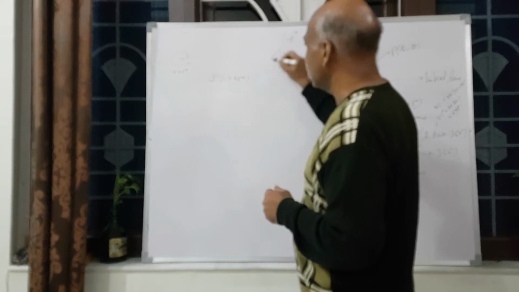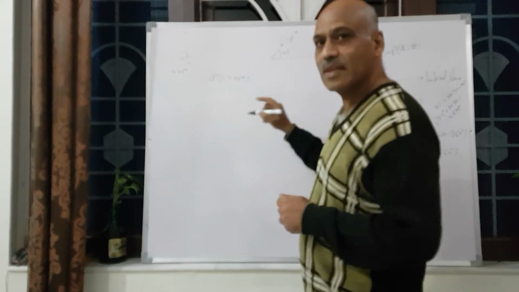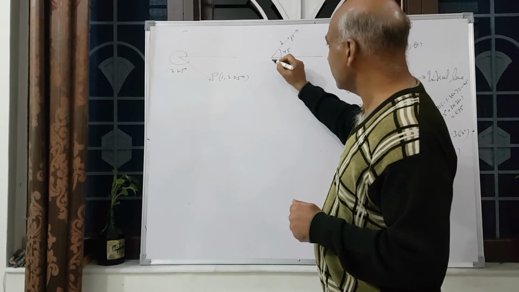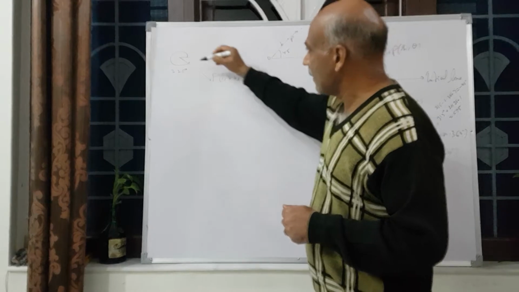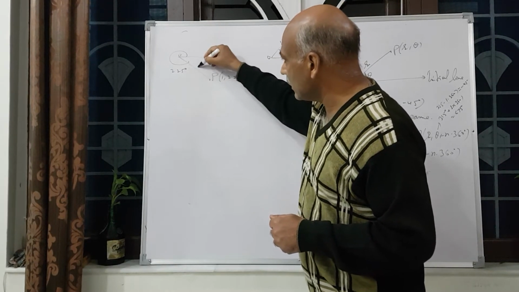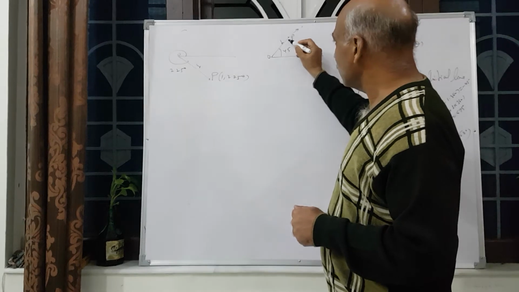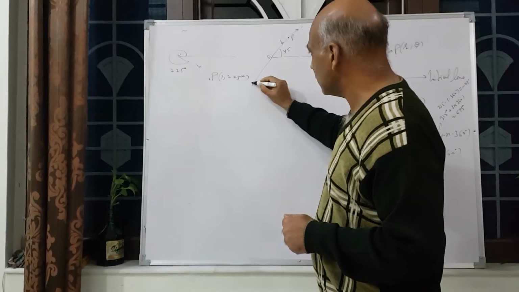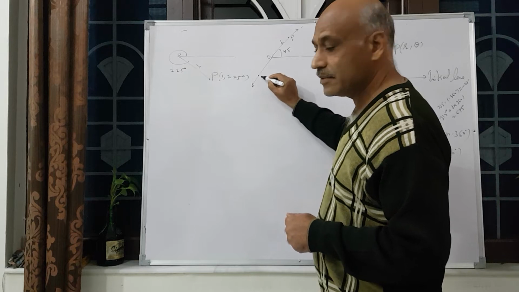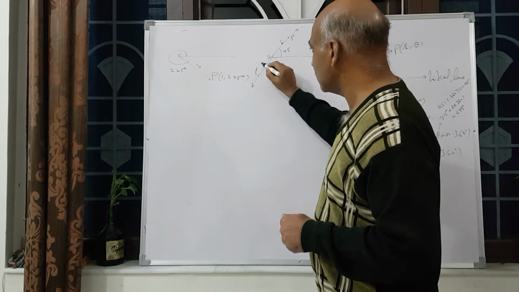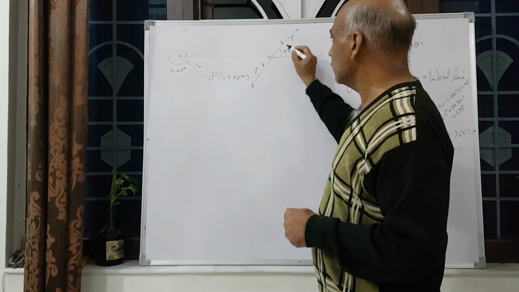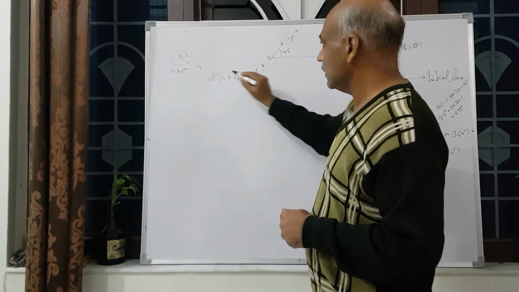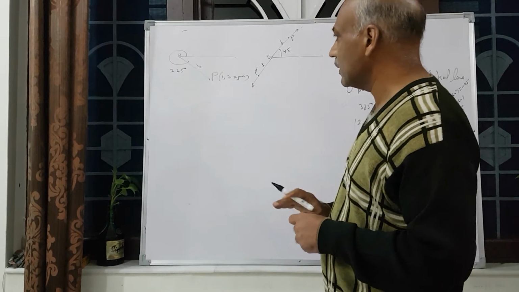Suppose this is P. This is also 1. The distance between O and P is 1. Here this is O. Here also this is 1. So if it moves in the opposite direction, in this direction, the same distance, P dash. This is 1.